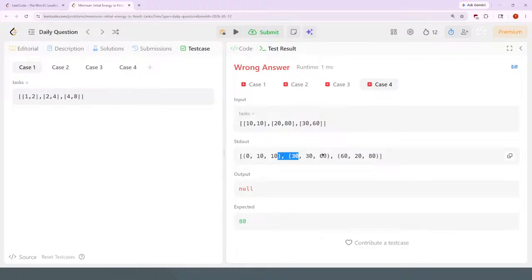What does that mean? If I have an excess of 20 and my starting energy is 60, here it's like 60, spend 20.